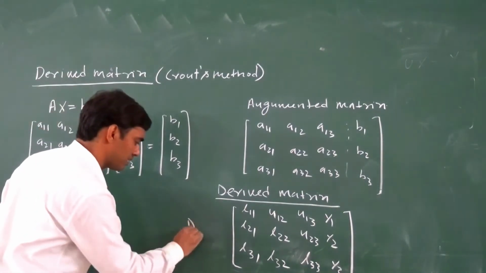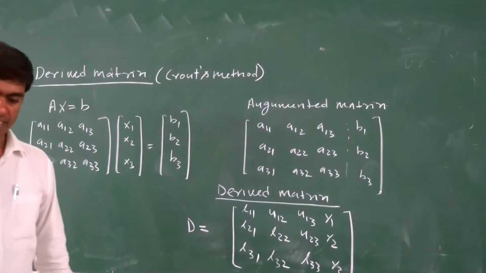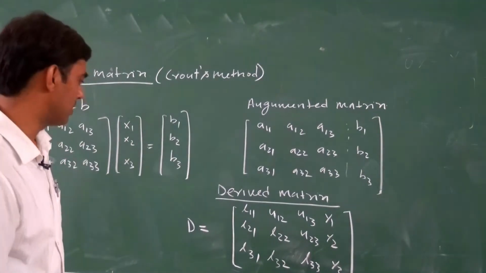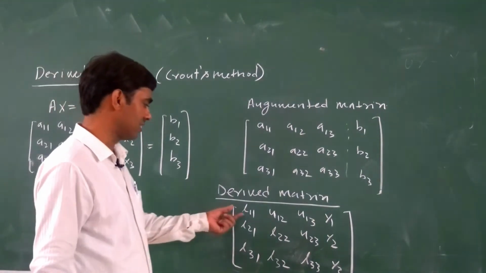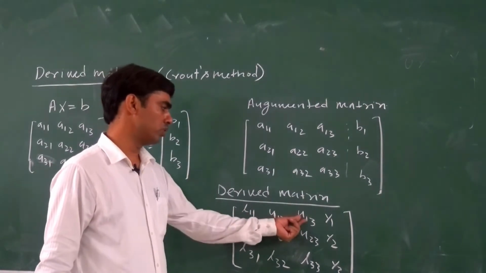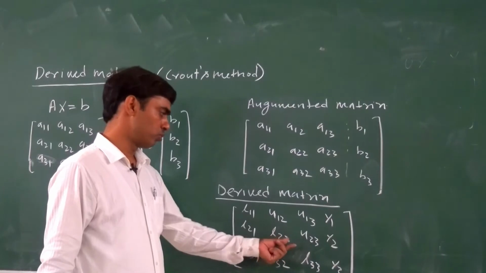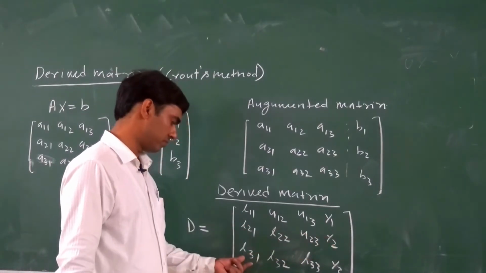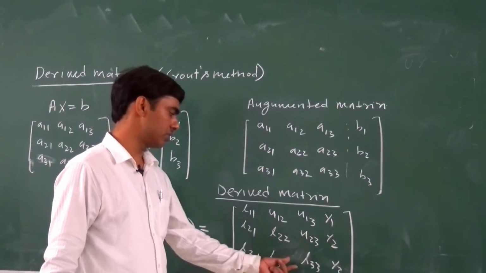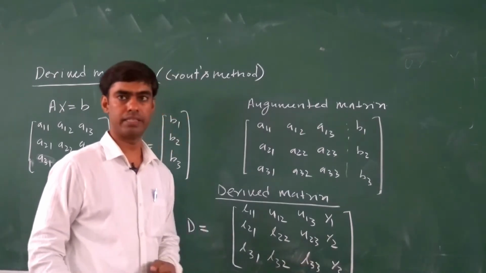The notation for this derived matrix is D, and its elements are L11, U12, U13, Y1, L21, L22, U23, Y2, L31, L32, L33 and Y3.